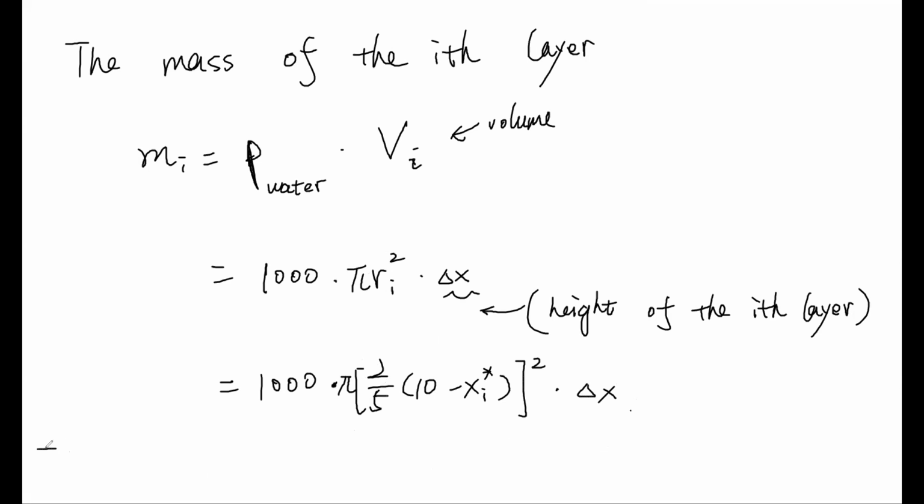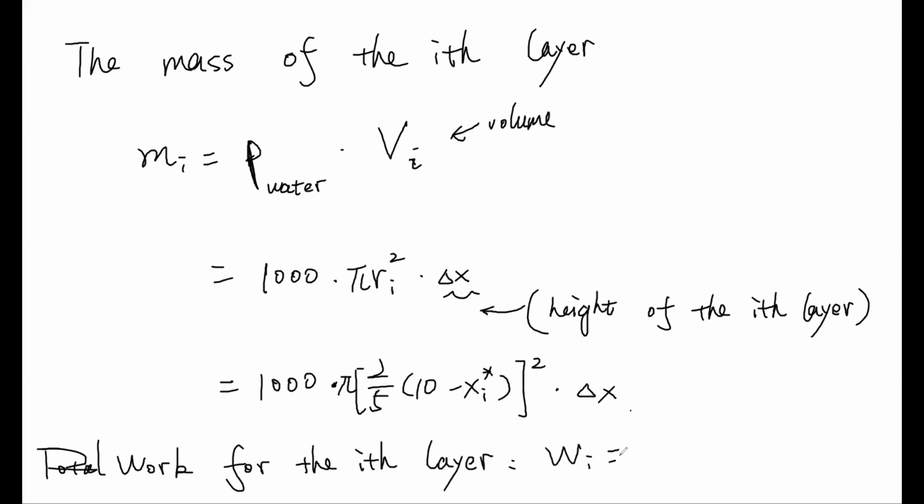So the total work, well, the work for the ith layer in this example is Wi equal to Mi g times the distance, which is xi star. We have determined it before, and this is a complicated expression.